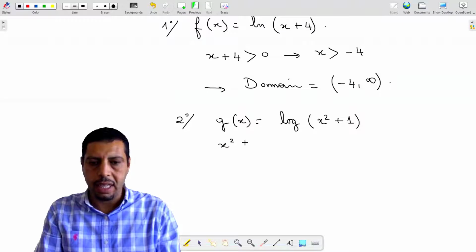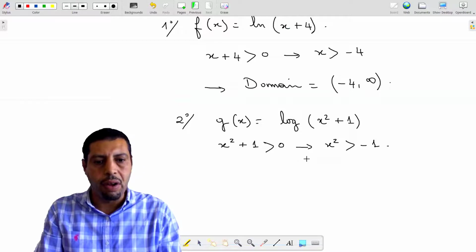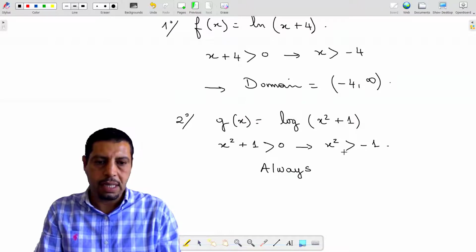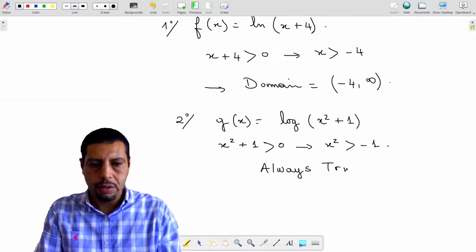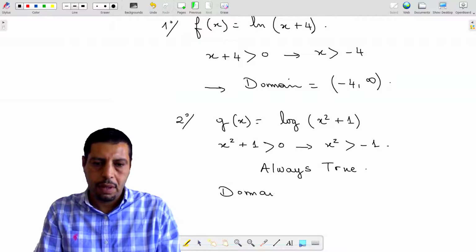So let's check that x squared plus 1 is greater than 0, which means that x squared is greater than negative 1, but this is always true. It means for any real number, x squared is positive, so it's greater than negative 1. So this is always true. And since it's always true, our domain is the set of all real numbers, okay? So the domain here is the set of all real numbers.